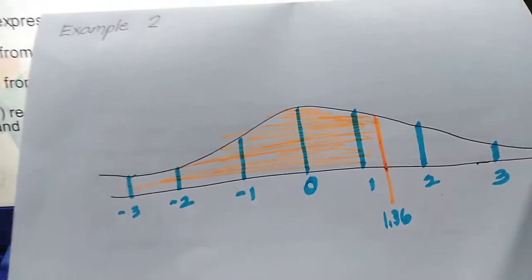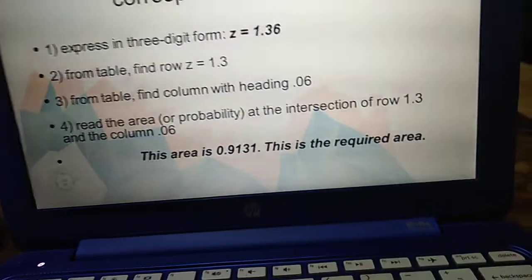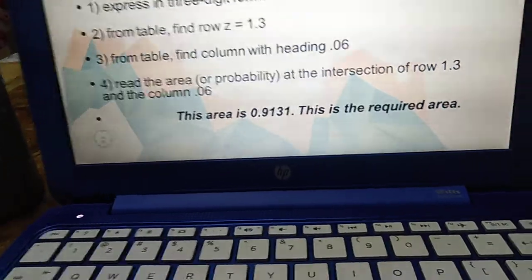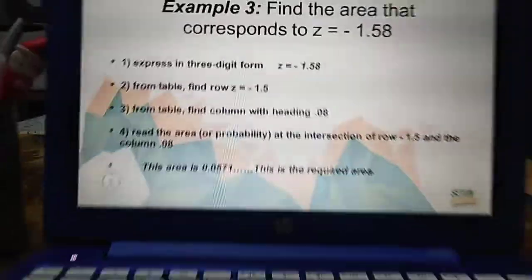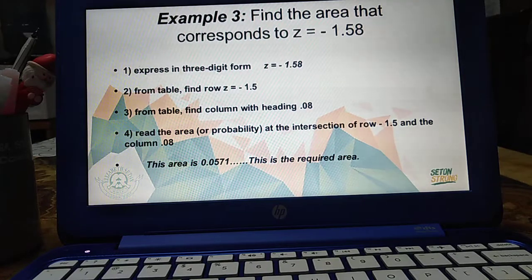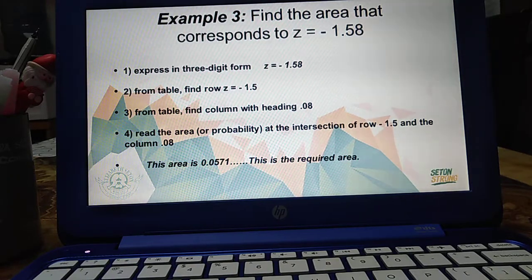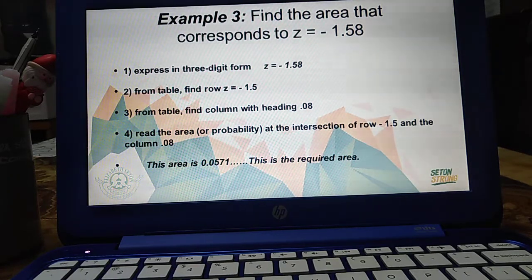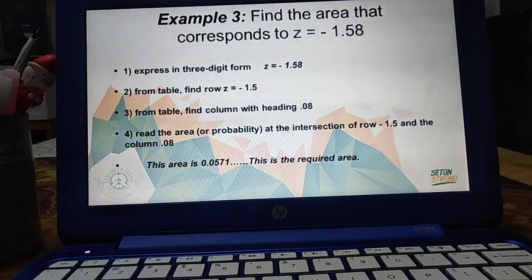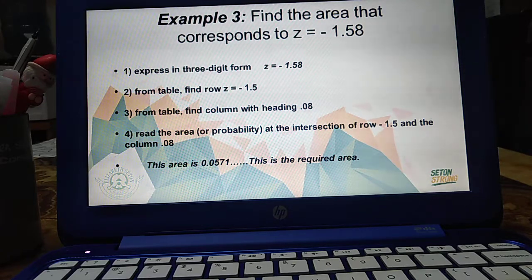Okay, please practice reading. For our third example, we're looking for z equal to negative 1.58. So we will be using the z-table wherein we have the negative values of our z-score. So this is it.